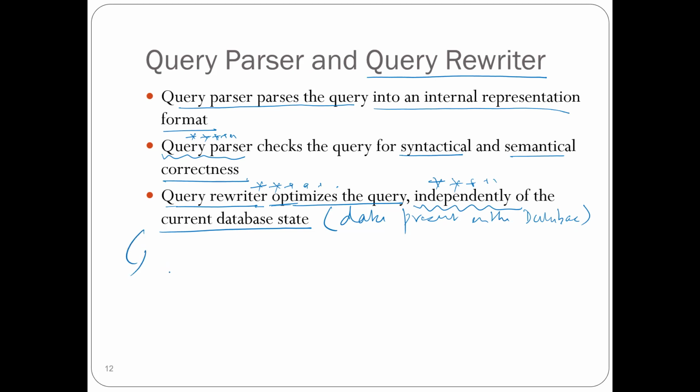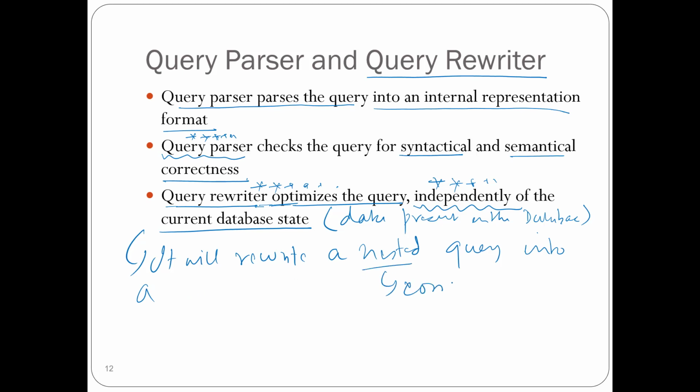An example of the task that the query rewriter will do is to rewrite a nested query. Sometimes we also call them correlated queries. Correlated nested queries are considered inefficient.